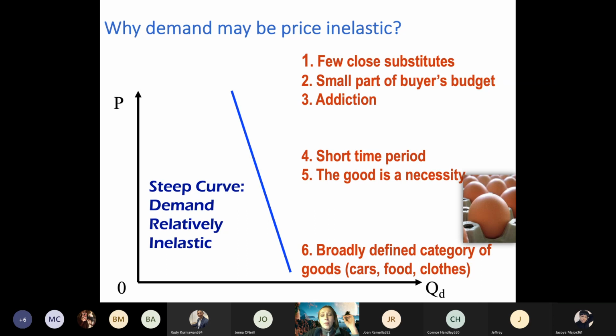Okay, so we have noodles, we have pizza, we have 100 other categories of food, and for those categories, there are very many substitutes within each category, whereas there are no really substitutes for food. You need food no matter what. So the broader defined category means lower elasticity of demand.